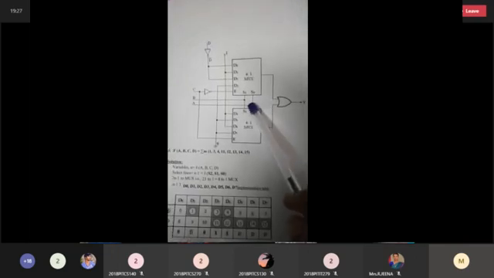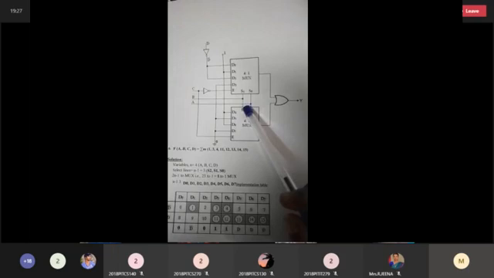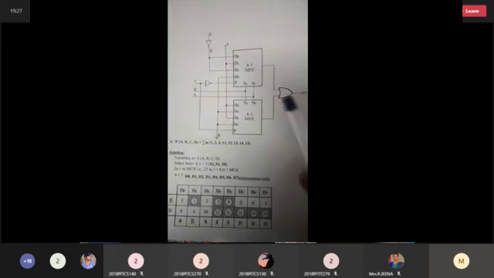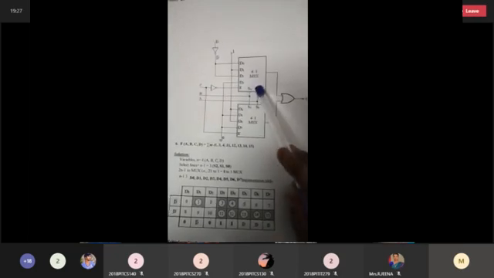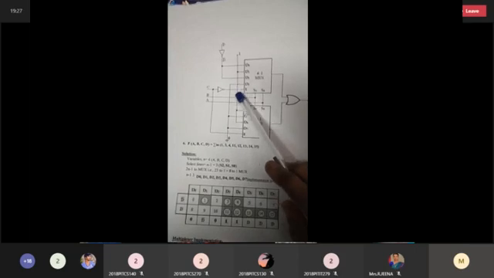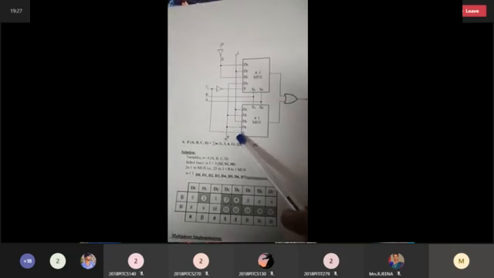Okay. Now we are going to see the 4:1 multiplexer. 4:1 multiplexer means we have to use two 4:1 multiplexers for an 8:1 multiplexer. Okay. So we are using two 4:1 multiplexers. What are the variables? D0, D1, D2, D3, D4, D5, D6 and D7. This enable is there.